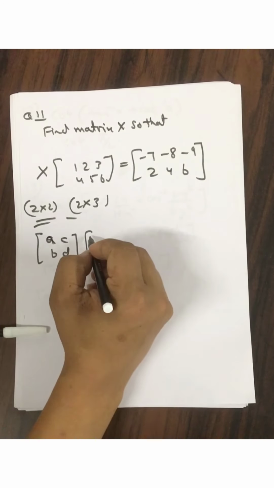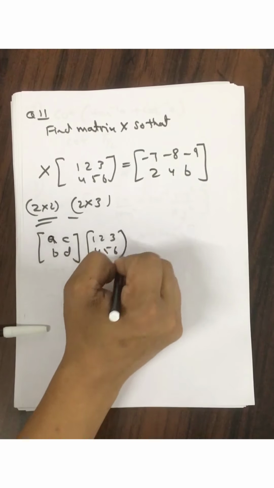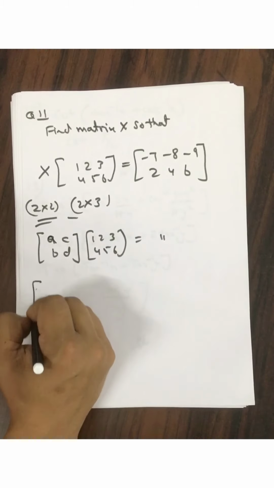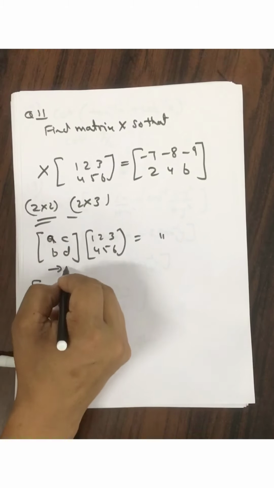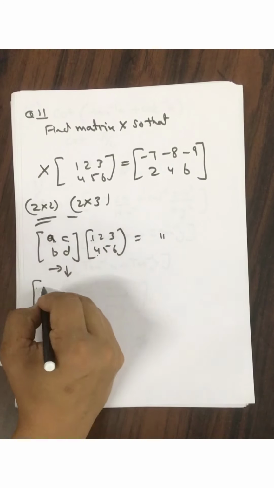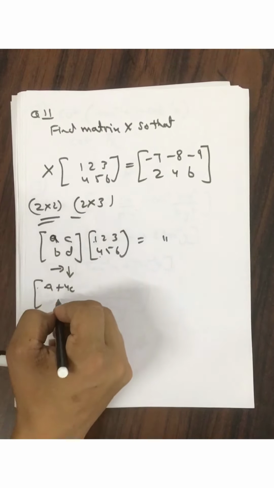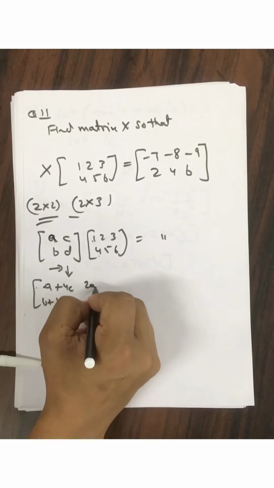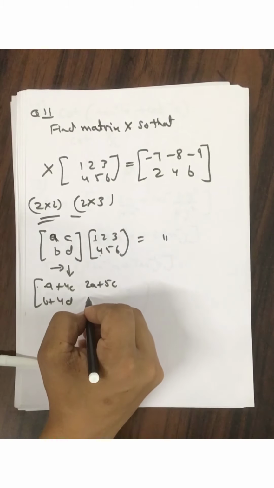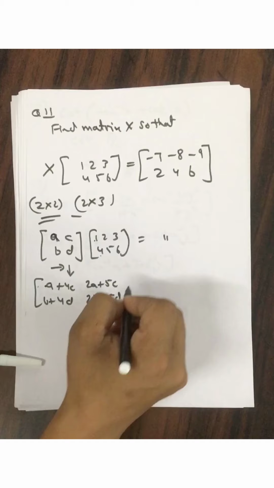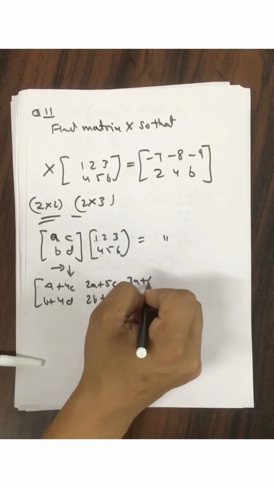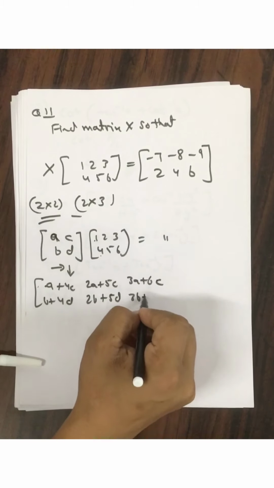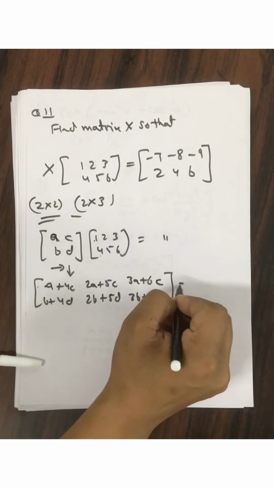This is the same 1, 2, 3, 4, 5, 6 equals to the same. Now you multiply and see row by column. See A into 1 and C into 4. So this will become A plus 4C. Second will become B plus 4D. Third 2A plus 5C, and this one will become 2B plus 5D. This will become 3A plus 6C, and this will become 3B plus 6D equals to the same.